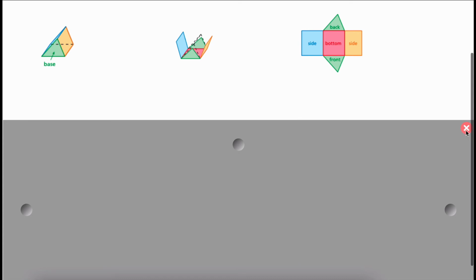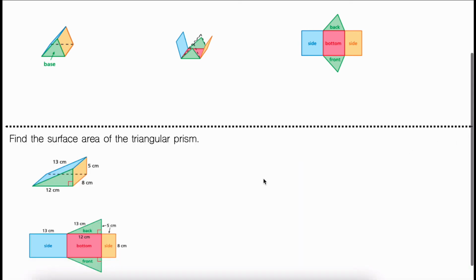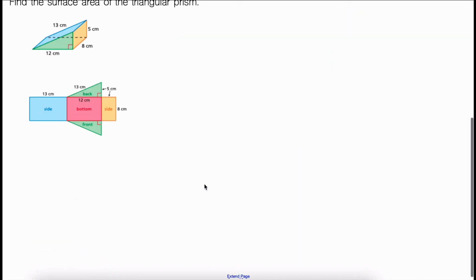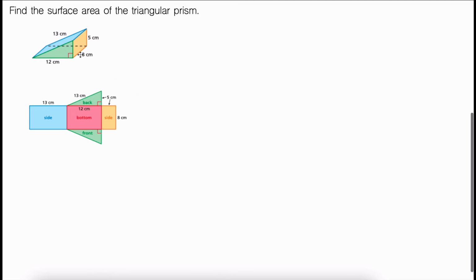But let's try this on an actual triangular prism. So I'm going to show you the net. Here's the beginning prism, here's the net of that prism if you unfolded it. I'm not even going to look at that personally, I'm going to deconstruct it. So step 1. I know that this triangular prism has a base that's a triangle, and there's 2 of them, the green triangle in the front and the green triangle in the back.